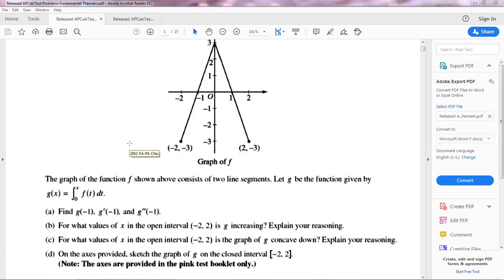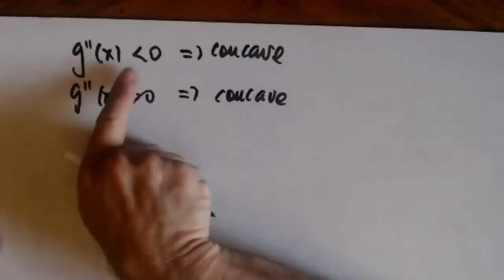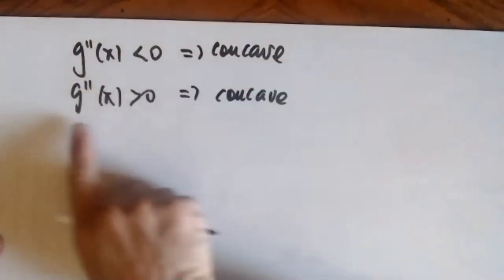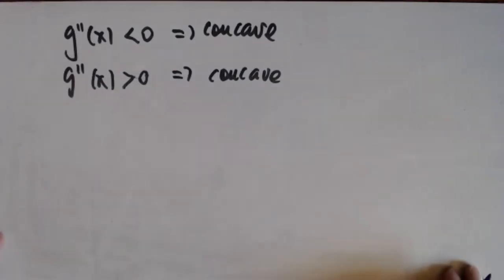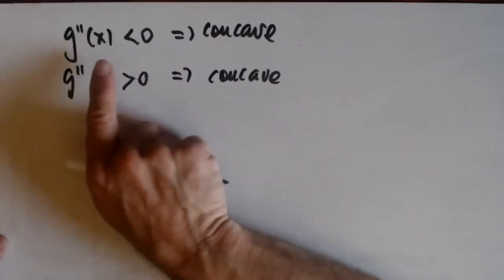The second derivative is f prime of x. When the second derivative is negative, then this is concave what? When the second derivative is positive, then it is concave up. Remember, this is very important.